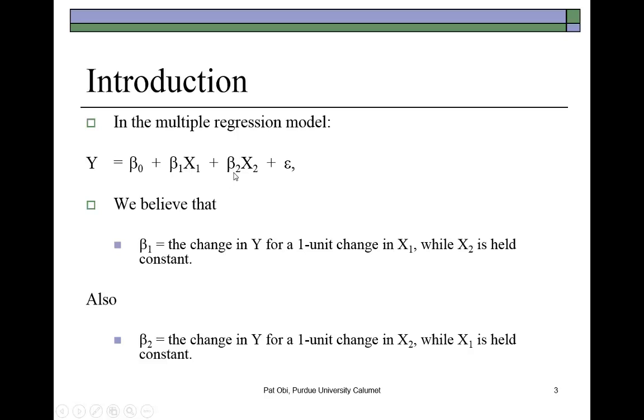Likewise, b2 is the measure of the change in y, the dependent variable, for a unit change in x2 with x1 held constant. So again, b2 is expected to convey to us the unique impact that x2 has on y without x1 being in the midst of that inquiry.